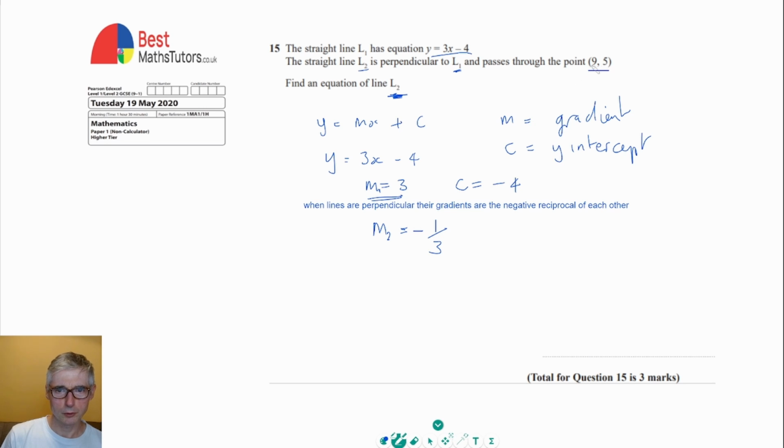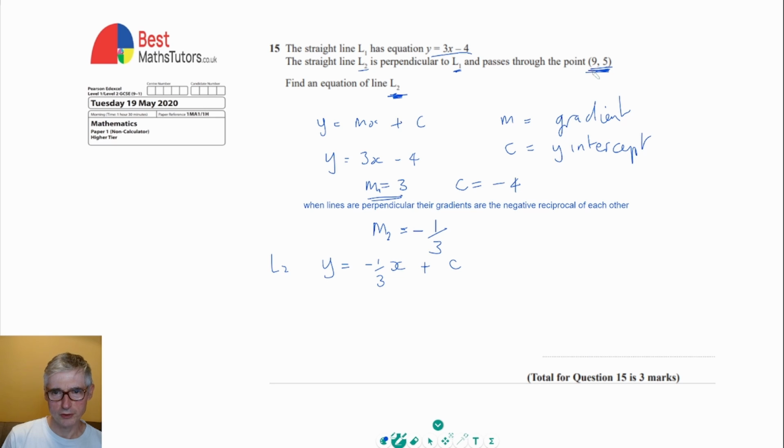We also want it to go through the point (9, 5). We know that y for L2 is equal to minus 1/3 x plus c.